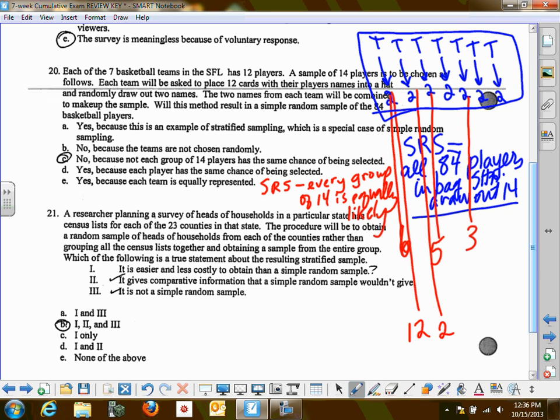Is it possible to get any type of grouping of 14? No, because you can't get more than 2 from a team. So every possible combination of 14 is not equally likely. Therefore, it is not a simple random sample, and here's the language, because not each group of 14 players has the same chance of being selected. That's what that's meaning. Can't get all the different combinations of 14 as likely as the other, okay?